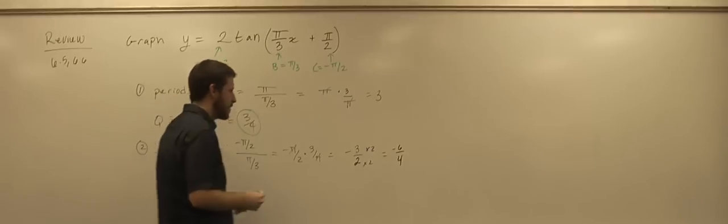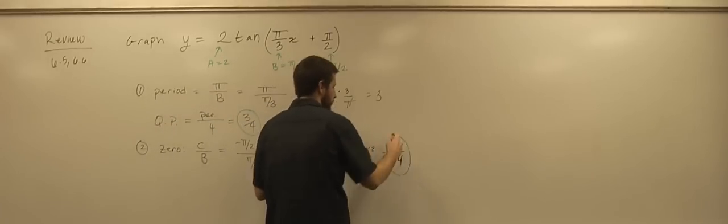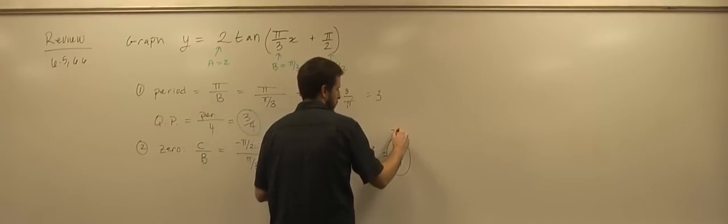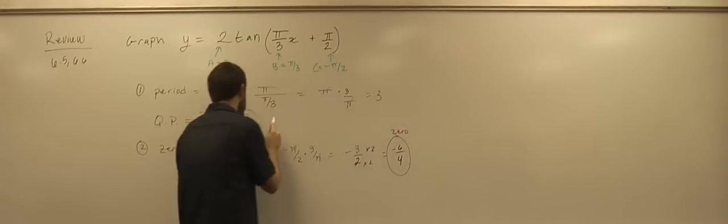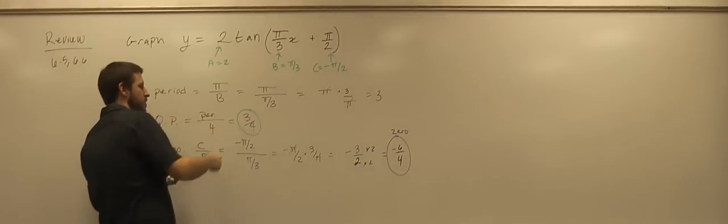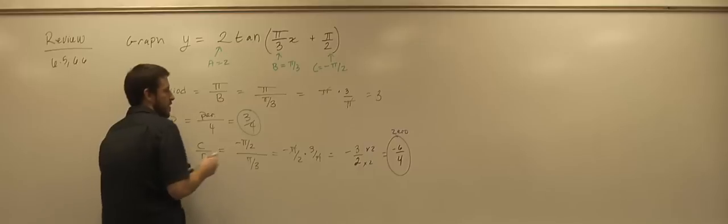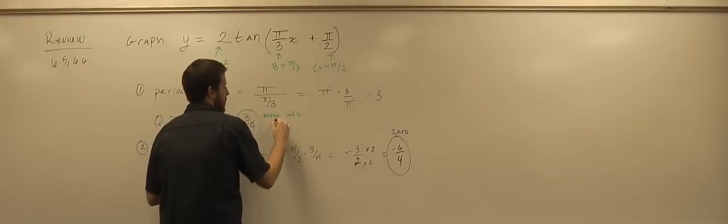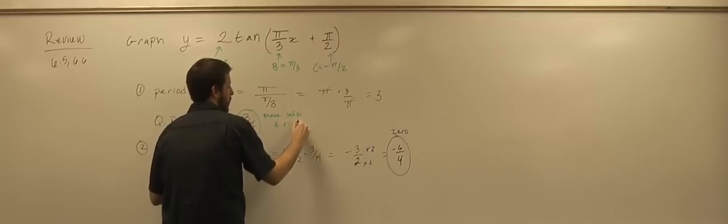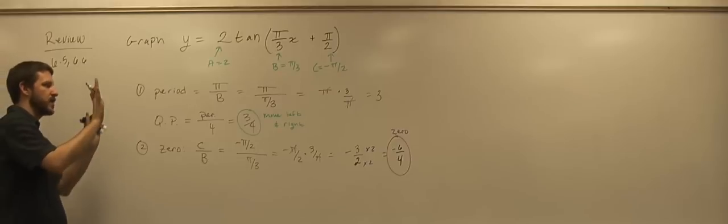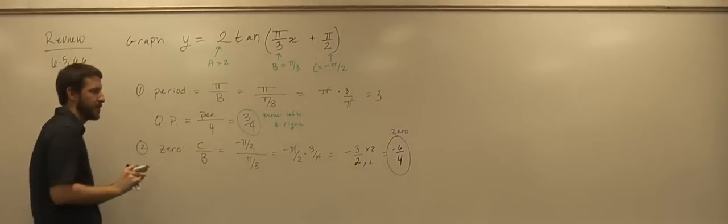So this value is where our new 0 is. This is going to be like the center of my tangent graph. And then this is how I'm going to count to the left and right. This is how many units I'm going to move to the left and right. Remember, tangent kind of unfolds from the middle. You don't graph it quite the same as sine and cosine. With sine and cosine, you start and then always go to the right when you're graphing.